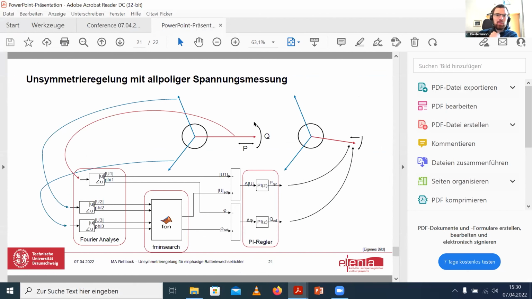And this means when we want to turn this arrow here, we need more reactive power Q. And when we want to turn this one, we need active power. This means we can only handle one, because we are only at one phase. But when the other one turns, sometimes it's better to turn with them a little bit so that we can also turn the phase angle to make it more symmetrical.